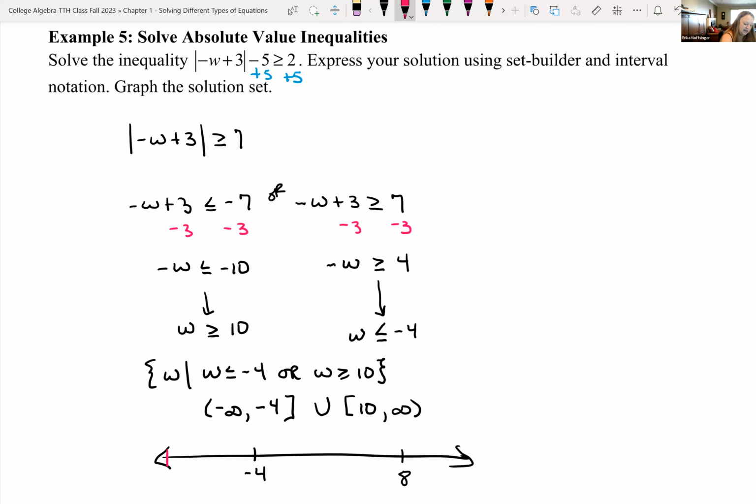You're looking at everything less than -4, so shading to the left of -4, but we're including it, so bracket. I don't know why I said 8, but it's 10. And then we're looking at everything bigger than 10 and including 10, so bracket at 10 and shade everything to the right of 10.